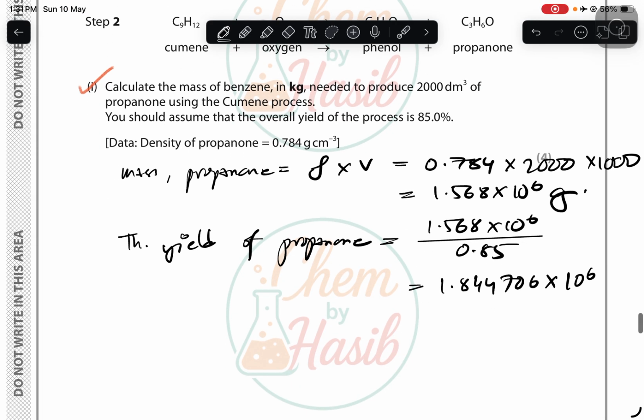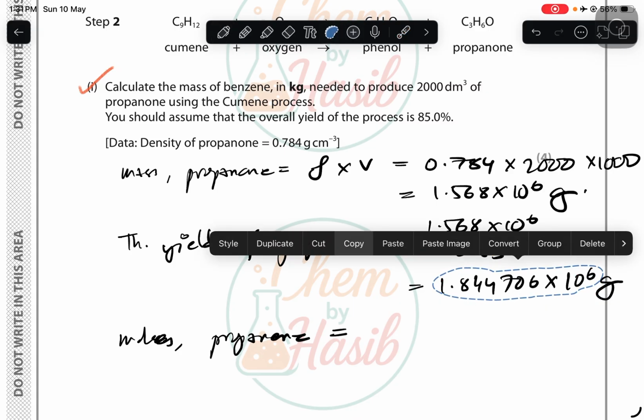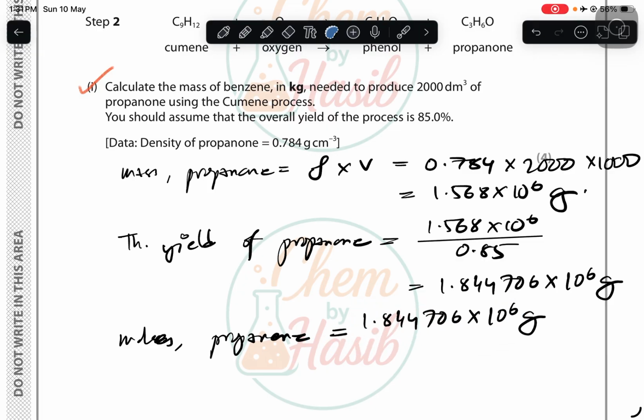Then we find grams. Then we find the moles of propanol from the theoretical yield. So this would be 1.844706 into 10 to the power 6 divided by the molar mass of propanol.